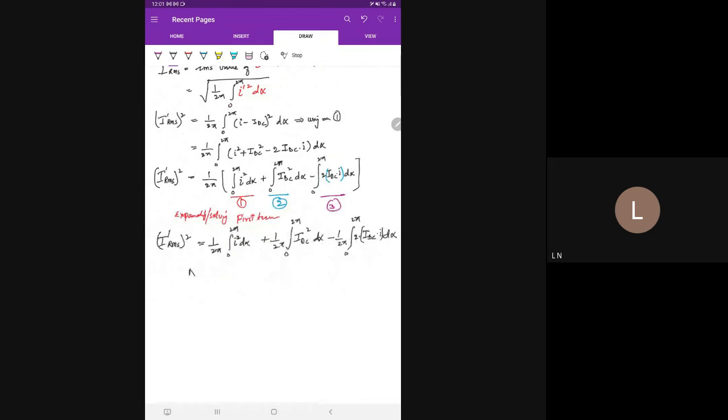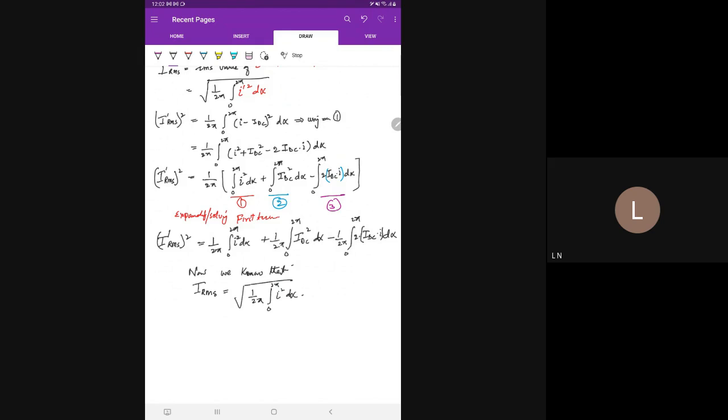Now see, we already have discussed this in our previous lecture. We know that IRMS is equal to 1 by 2 pi. We can calculate the RMS value of any quantity, for example current, and it is equal to 1 by 2 pi integration 0 to 2 pi of I square d alpha.